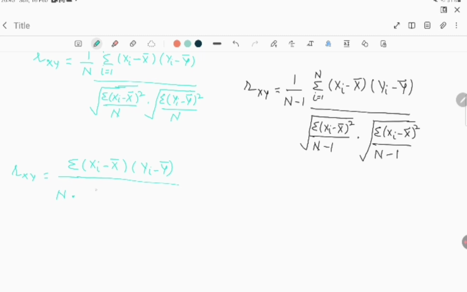Now the standard deviation of x, summation xi minus x bar squared divided by n, and we can write the same in the root: summation yi minus y bar squared divided by n.